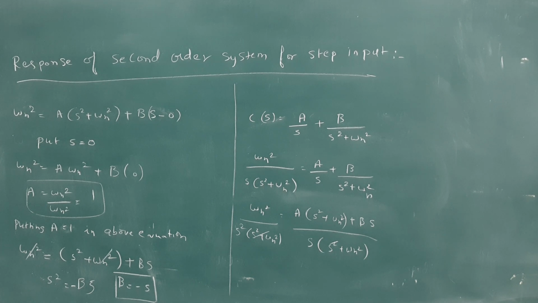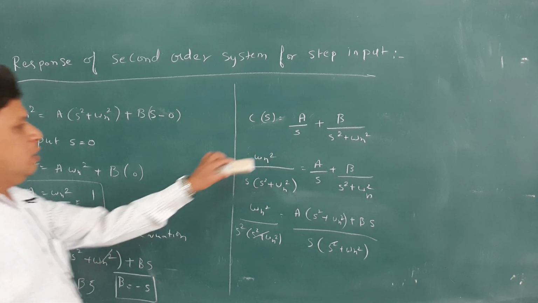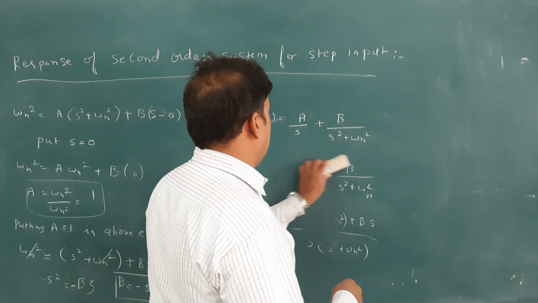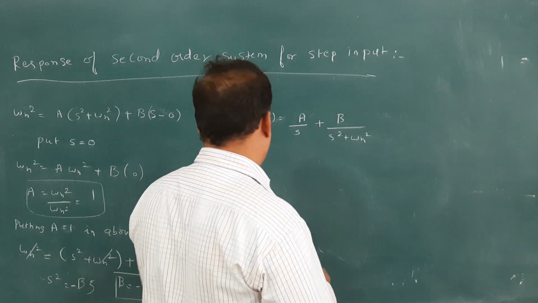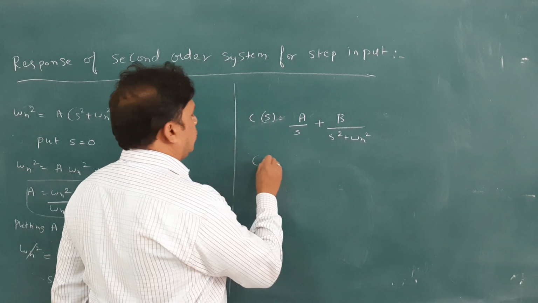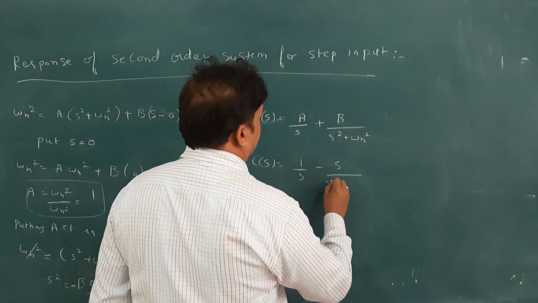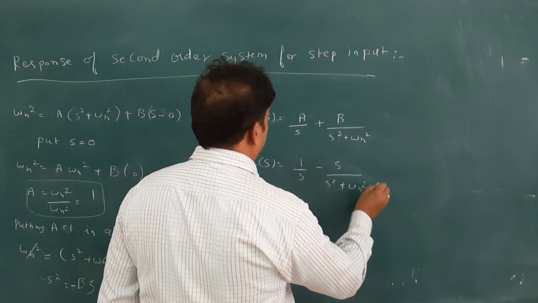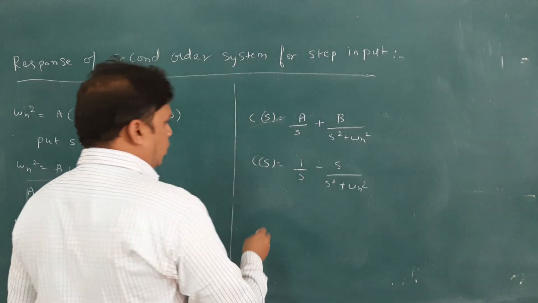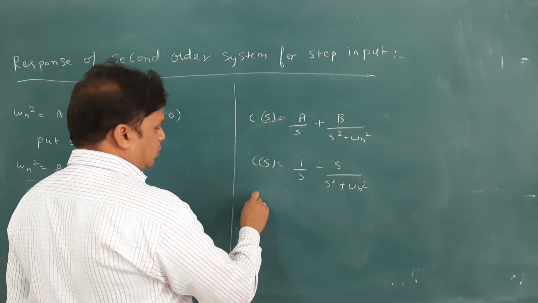So the equation now is C of s equals 1 by s minus s by (s square plus omega n square). Now what we have to do is find the time response.